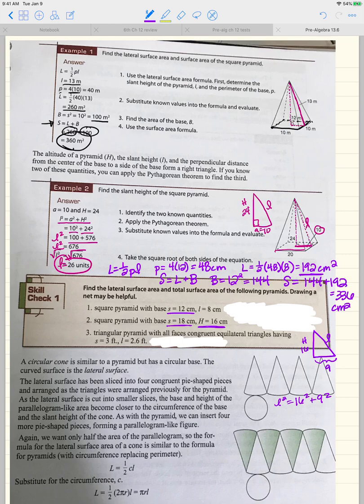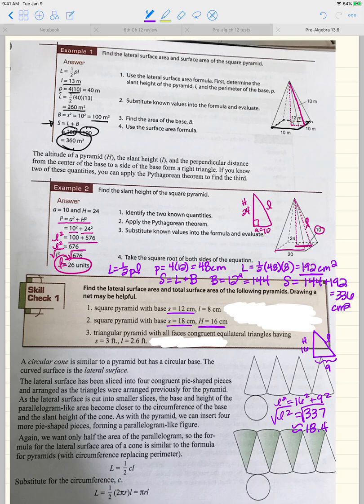L squared is equal to 337. We're going to take the square root of 337, and that is approximately, we're just going to round, 18.4.